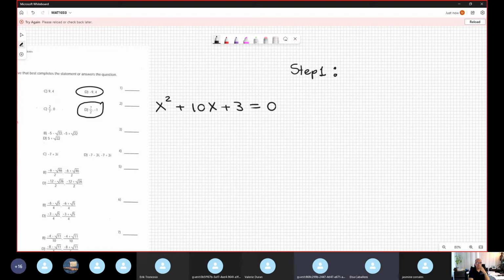Sometimes you need to organize the equation, but right now we don't need to do it. Only we need to put the formula. You see, A is 1, B is 10, and C is 2. This is the step 1. Determine who is A, B, C. The recipe is pretty easy. Formula.